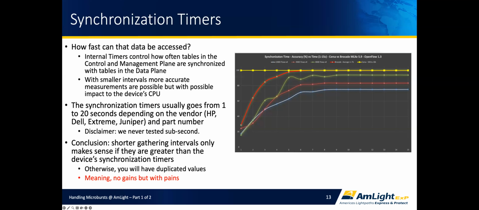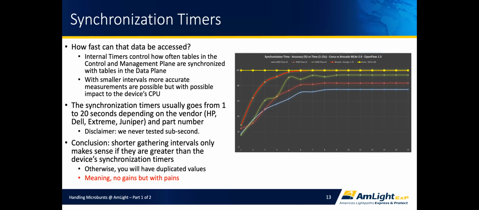So those synchronization timers indicate how fast you can access that data. Because if there is a timer to synchronize the table from the general CPU to the specialized CPU, that means that if you query at an interval faster than this, you're going to get the same data, right?